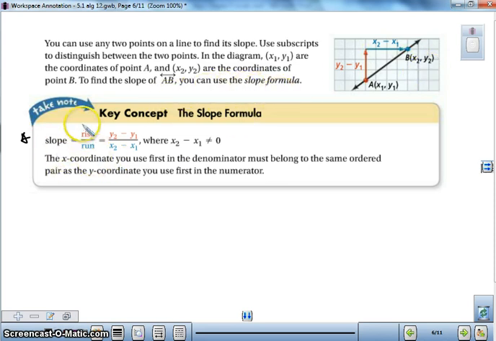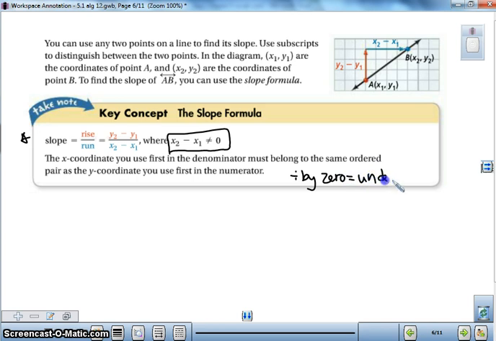Slope always equals, and I always want you to get in the habit of putting down rise over run, y2 minus y1 over x2 minus x1, and it's always important that x2 minus x1 is not equal to 0. Remember, division by 0 is always undefined.